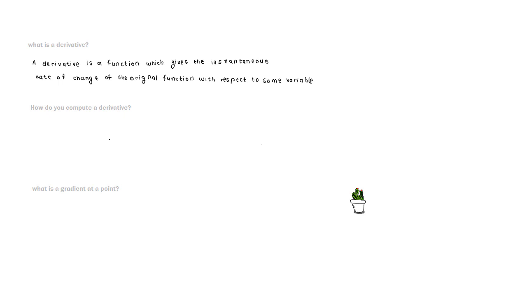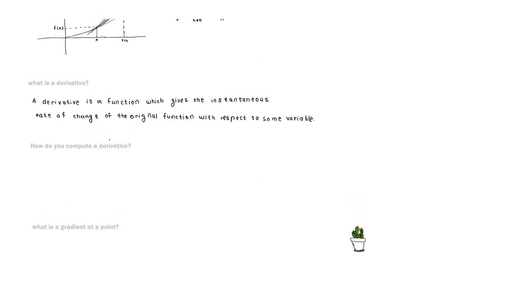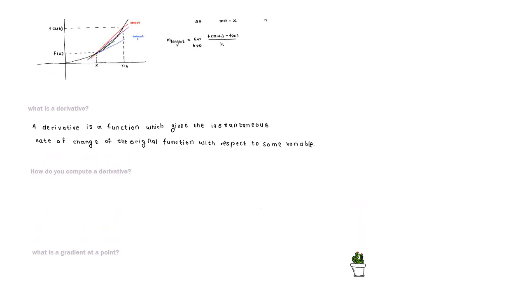The next question is, how do you compute a derivative? In other words, how do you calculate the equation of a derivative? Well, the derivative function is equal to the gradient of a tangent line at any given point, and we already worked out what the gradient of a tangent line is. We saw in the introduction video that we can represent a derivative as simply f prime of x.